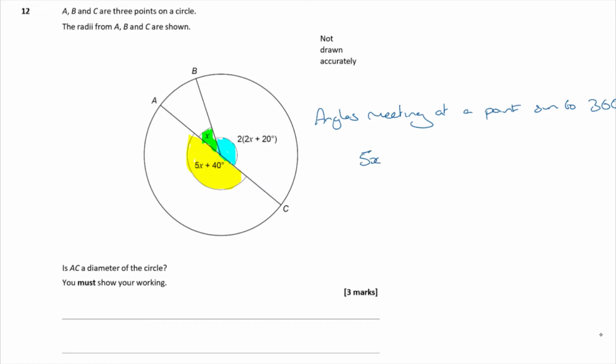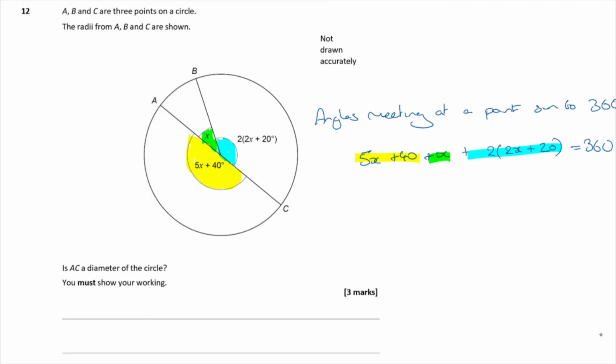So the 5x plus 40 plus the x plus the 2 lots of 2x plus 20. So the yellow one, the green one, and the blue one added together should be 360. Okay, so let's try and collect everything together.